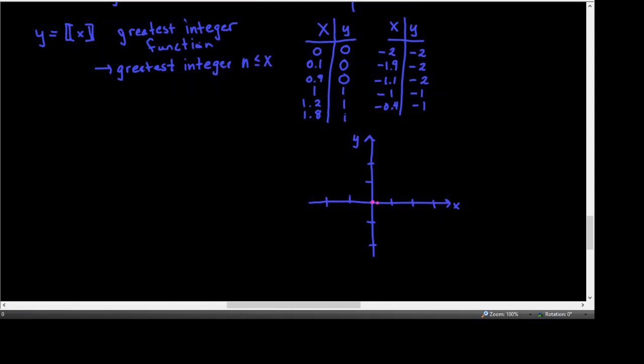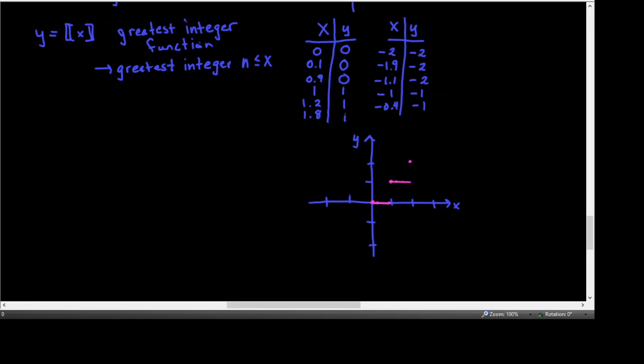When x is 0.9, graph 0. In fact, for everything between 0 and 0.9 at least, you'll always get 0. 0.99, 0. 0.9999994, 0. And that's going to be true all the way until you get to 1. Then all of a sudden, the answer is going to jump up here. 1 gives us 1. And then 1.2 gives us 1, and 1.8 gives us 1. In fact, we continue getting 1 until we get to 2, and then at 2 we'll jump up here.